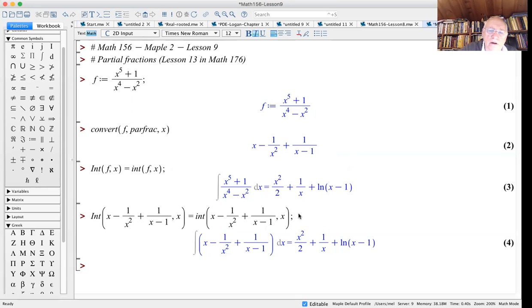Of course, what this really is, let me do it slightly differently. Let me see if this works. I'm not sure. Let me just copy this whole expression. Copy, insert.